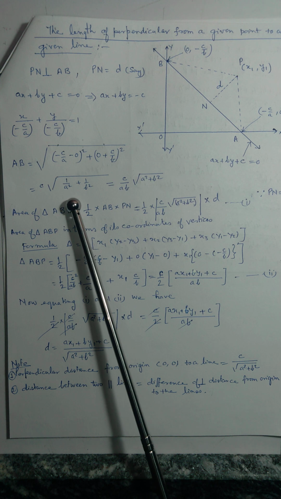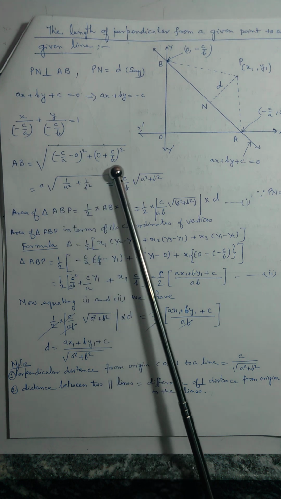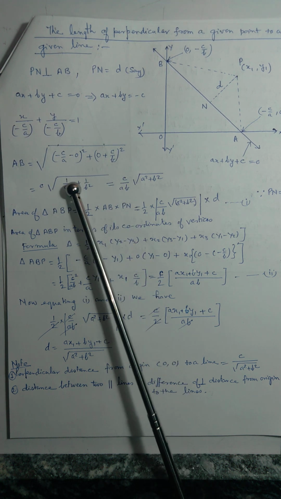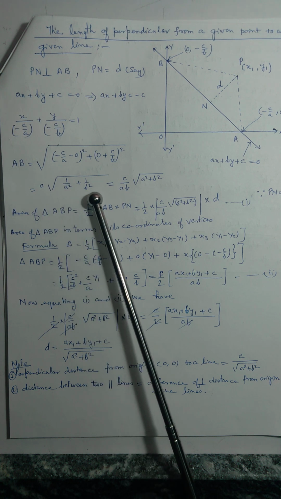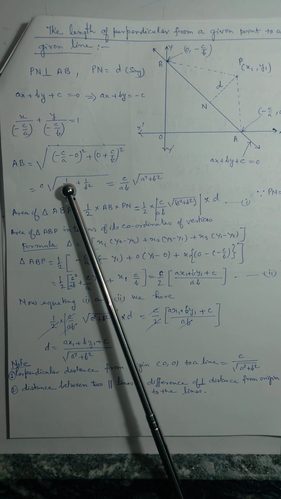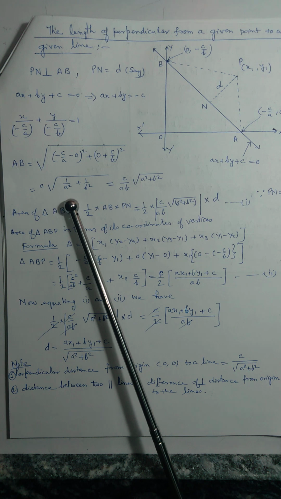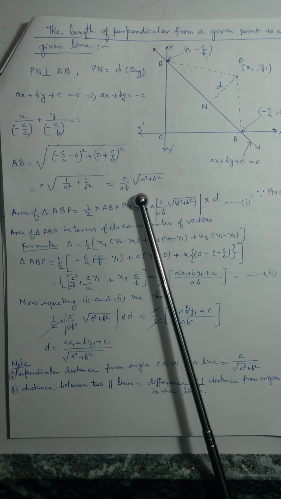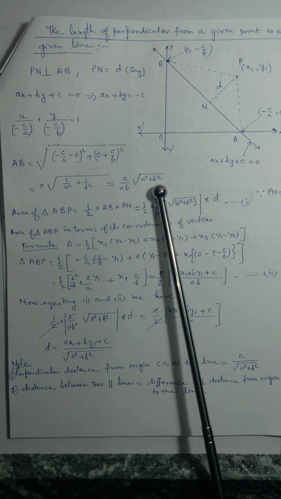After solving it, you take c common outside the square root, because you are getting c square here. After taking the LCM, you can take ab also, because the square root of a square b square will be ab. Inside the square root you will get root a square plus b square.